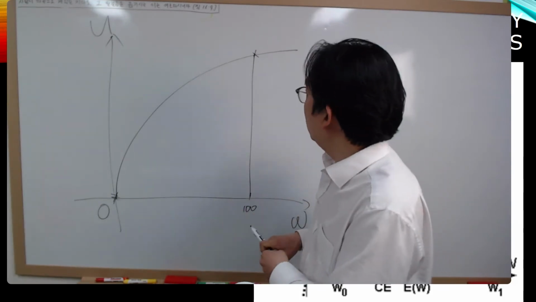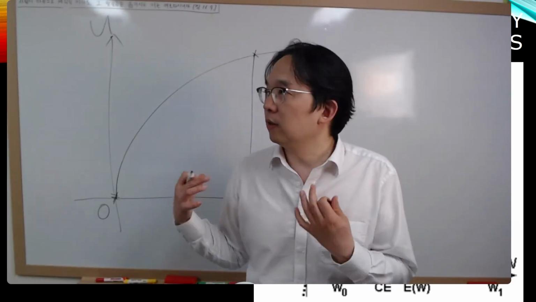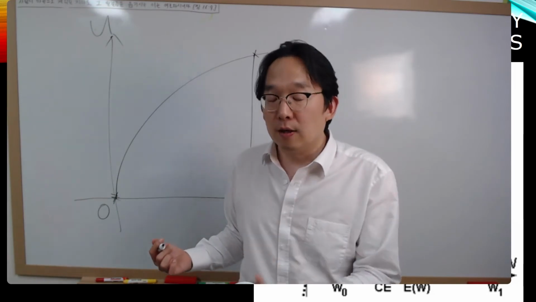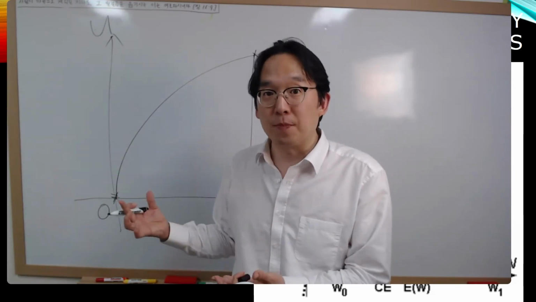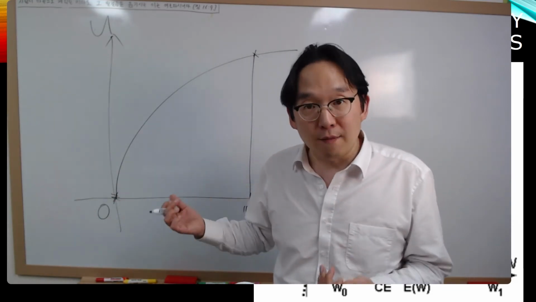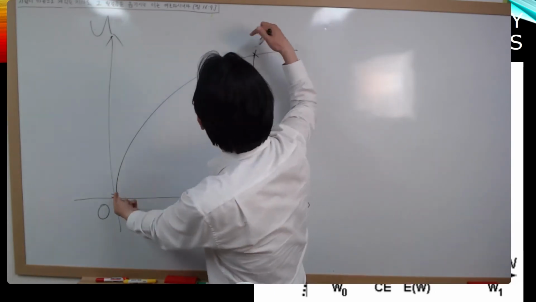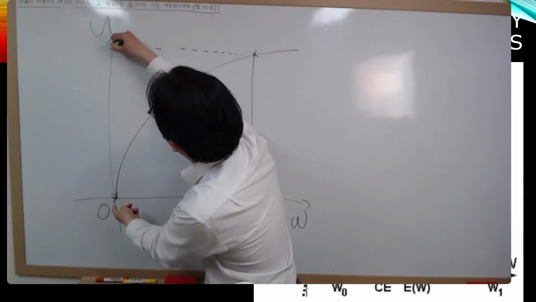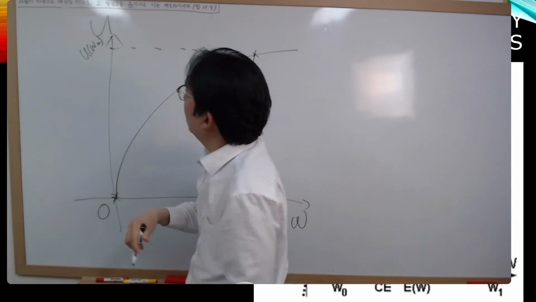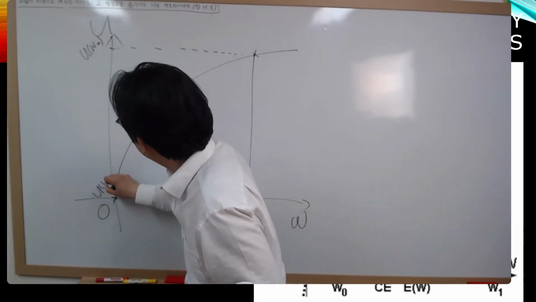The thing is, the utility this coin flipping gamble gives you is the probability weighted average of these two utilities over here. This utility of up, and this utility of wealth down.